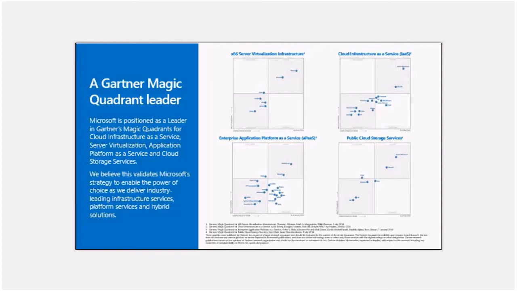Microsoft are in the leaders quadrant for all 4, but what's key is you've got different competitors of ours who have joined us there. So you have Amazon in the infrastructure, Salesforce in the enterprise application platform, and VMware with us in the virtualization platform.